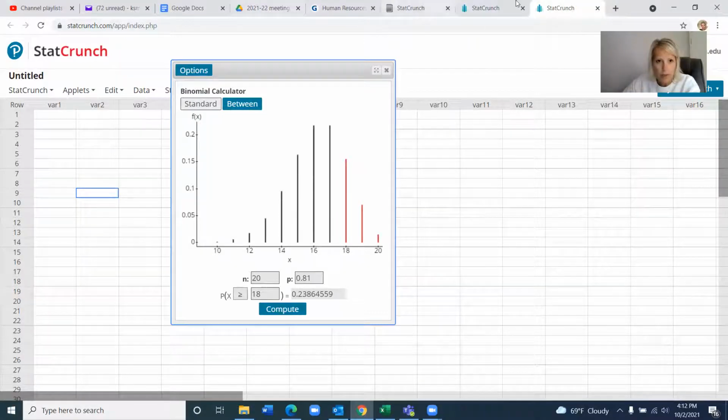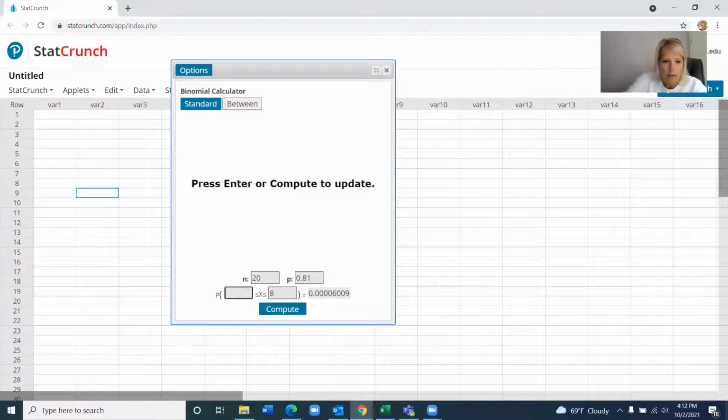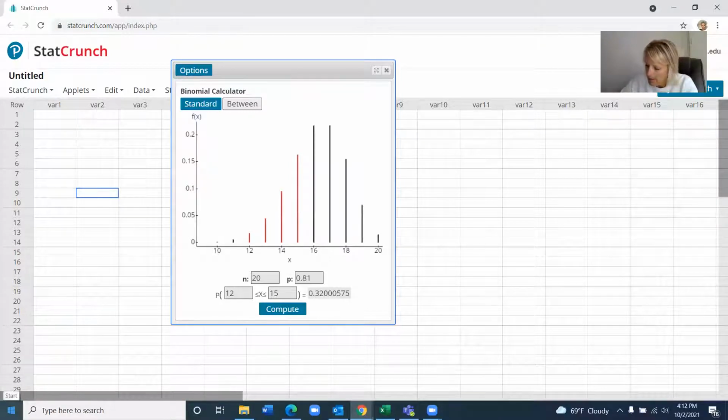And F is a between, so we have to go up to our between, and we said between 12 and 15. And that is equal to 0.3200. And then G was, suppose all of them are over age 60. And what would that look like?